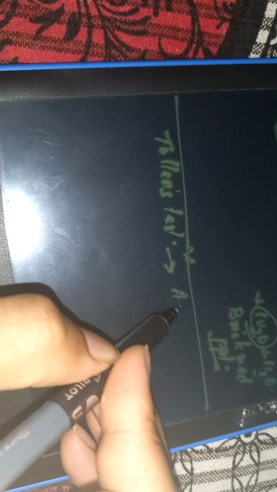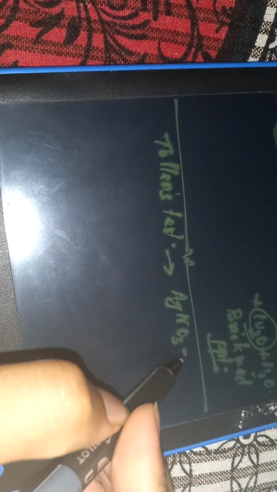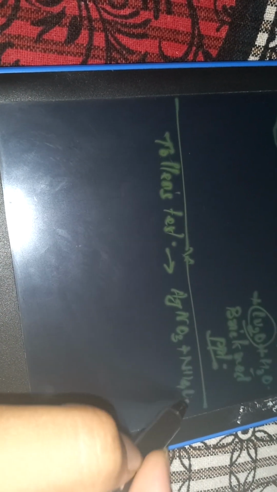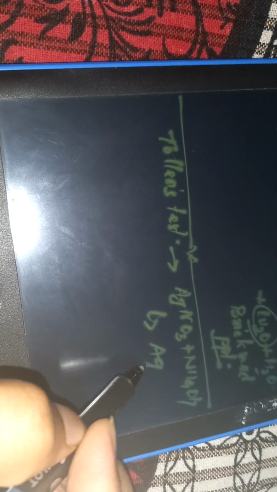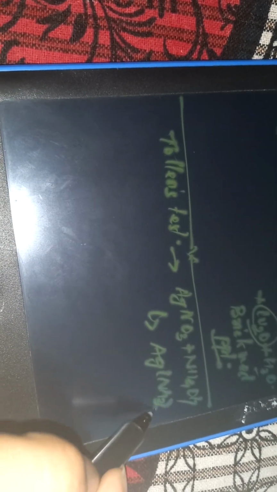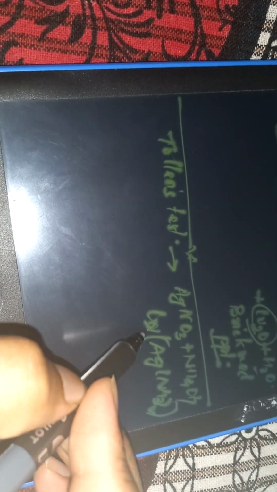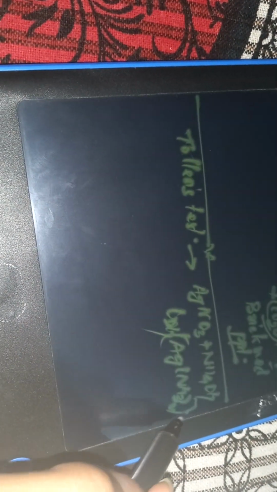Likewise, this is Fehling's test. Now let me see the Tollens test. To prepare Tollens reagent, you have to mix AgNO3 with NH4OH and you will get the compound [Ag(NH3)2]OH.